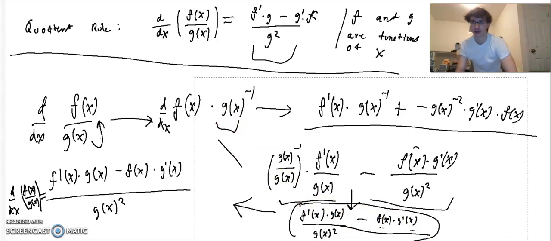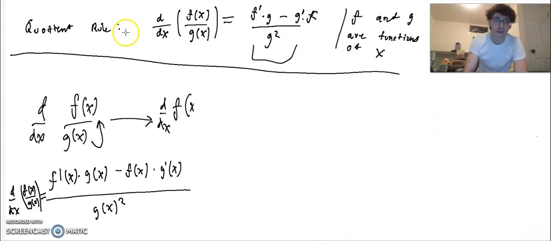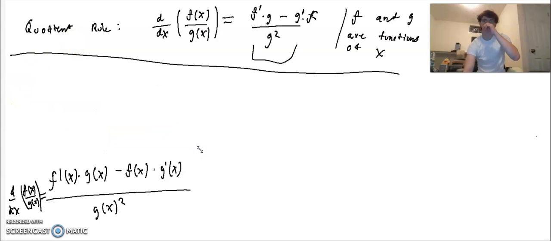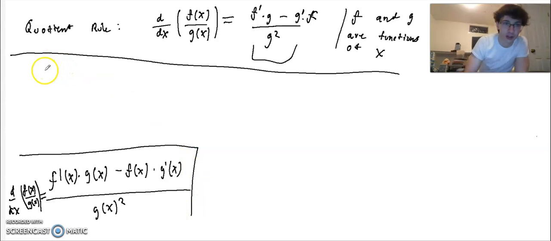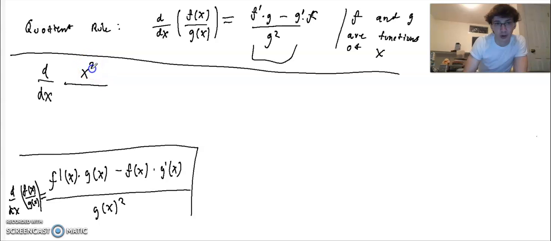Let's do an example now. So let's say we want to find, we'll box this off, the derivative of, let's say, x squared over sine of 3x.